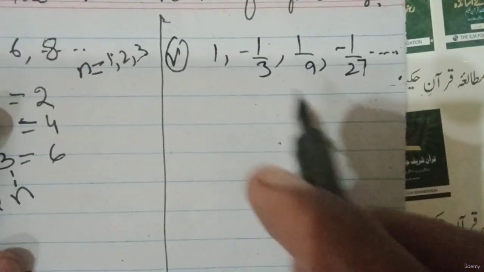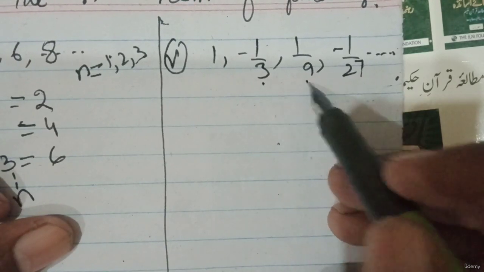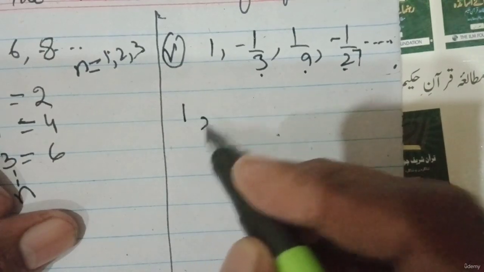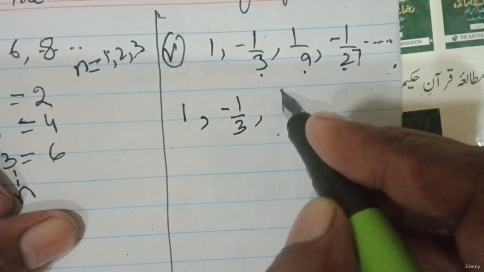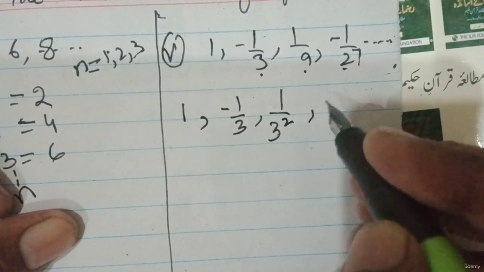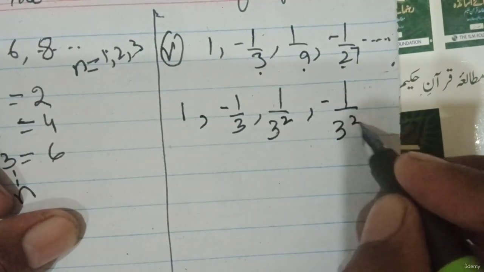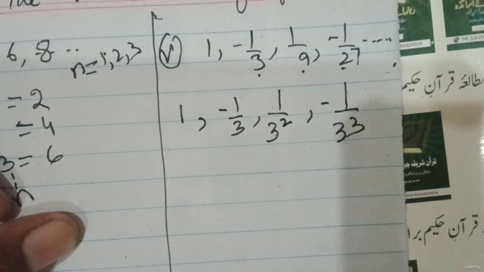If I check again, this is the same thing, again the table of 3, that is 3 squares and so on. Now you can make the pattern like this: minus 1 upon 3, 1 upon 3 square, which is positive, and minus 1 upon 3 cube, which is negative. So you can see that these are negative.